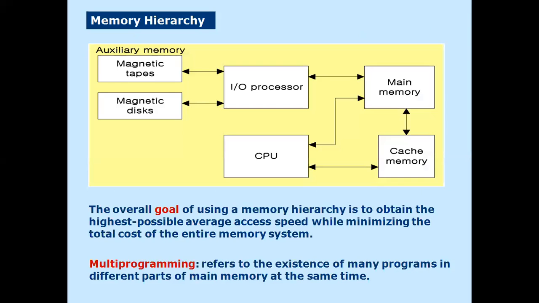We know the typical block diagram of a computer, which has the main things for storing the data. It makes use of magnetic tapes, magnetic disks, the input output processor, the CPU, main memory, and the cache memory. So what are these terms? I will discuss them one by one.